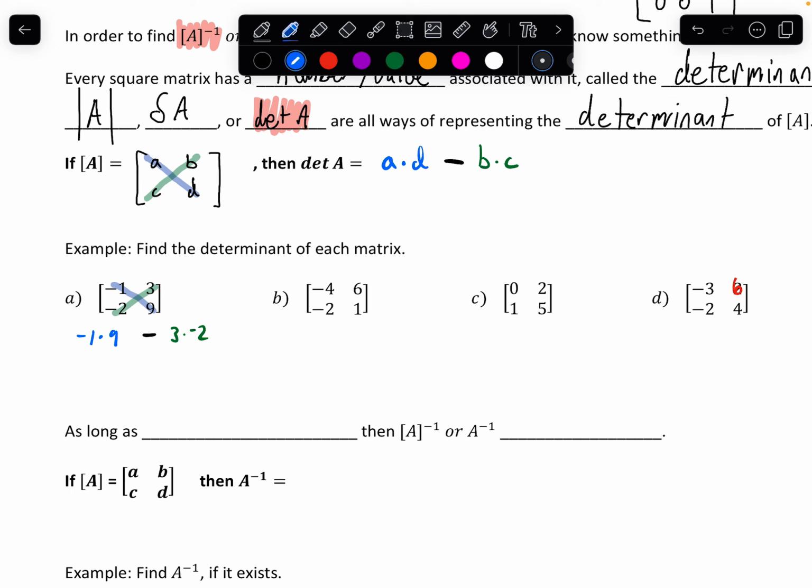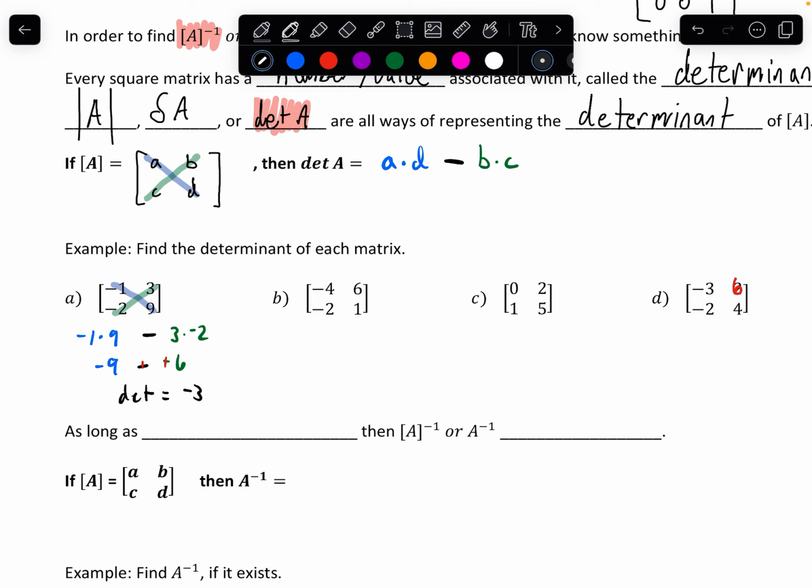Of course, negative 1 times 9 is negative 9, minus, and 3 times negative 2 is negative 6. And of course, minus a negative is the same thing as addition. Since this matrix doesn't have a name, I'm not going to put determinant of A, that's just the determinant of this matrix. So the determinant equals negative 9 plus 6, which is negative 3. Yep, there's its determinant.